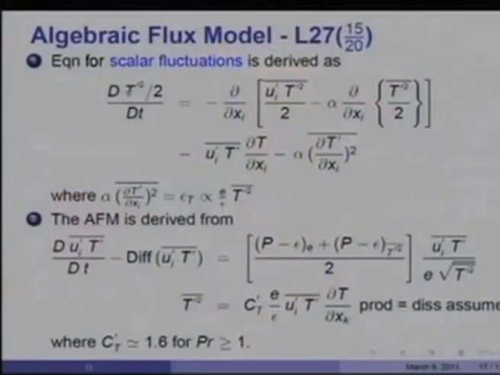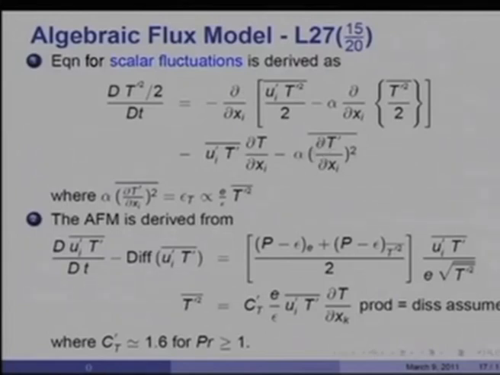So, one can say T prime squared by 2 (sorry, there should be a bar on top) is really some kind of kinetic energy of the fluctuations, if you like, of temperature, equals diffusion of the same quantity, laminar diffusion and turbulent diffusion, the production of the same quantity and its destruction or the dissipation.